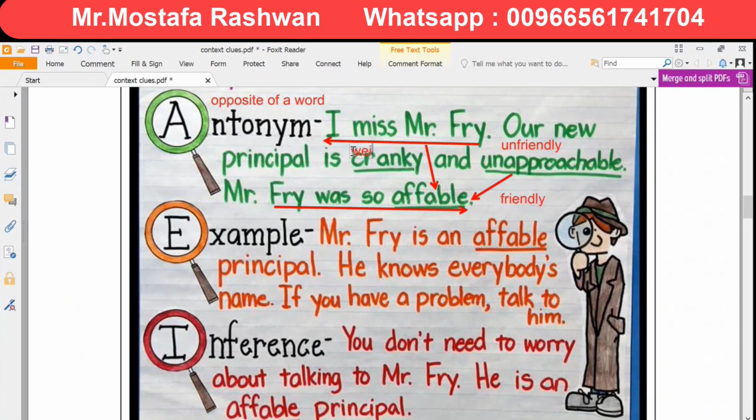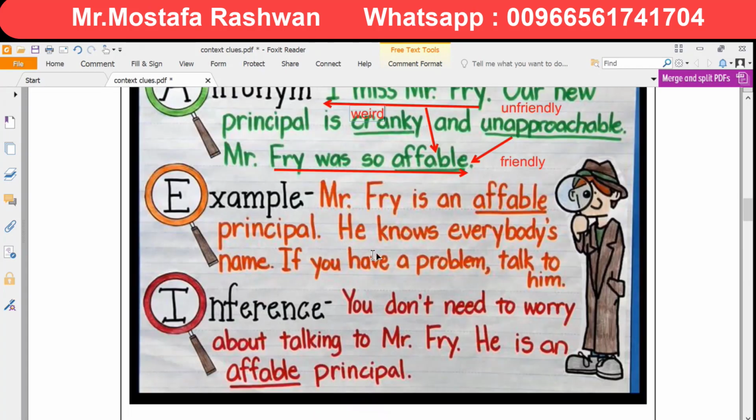Cranky means very weird. So affable here means friendly. How do we know its meaning? From the opposite meanings in the sentence: unapproachable and cranky are opposites of the word affable.